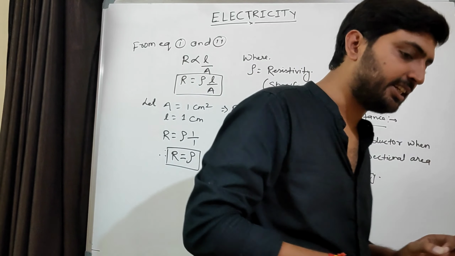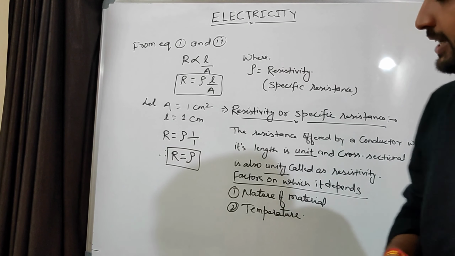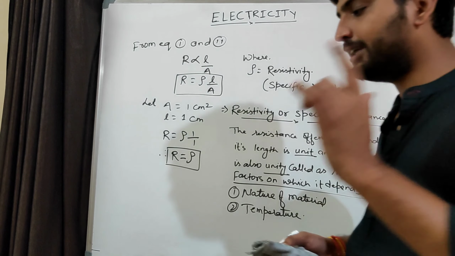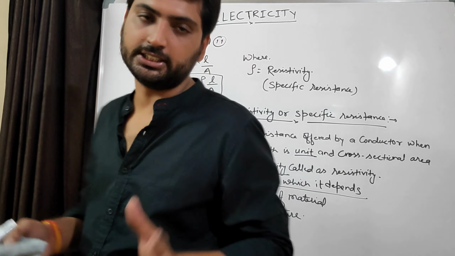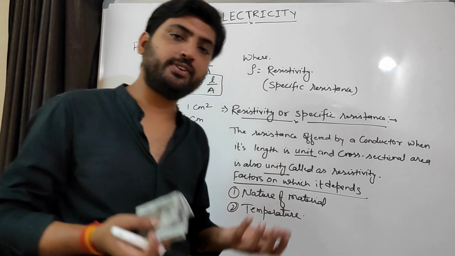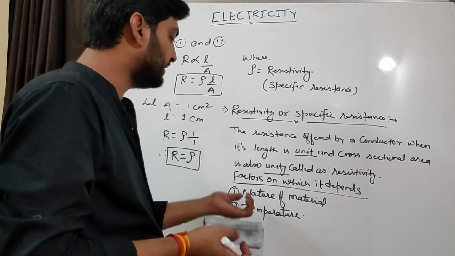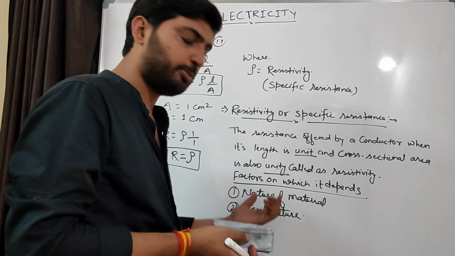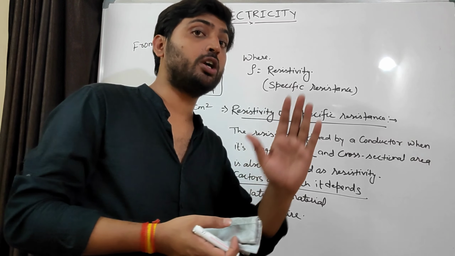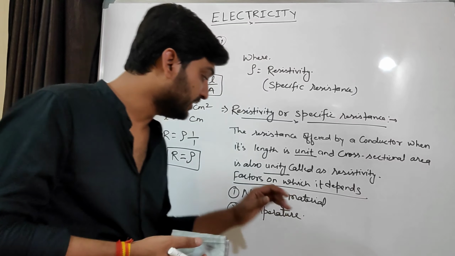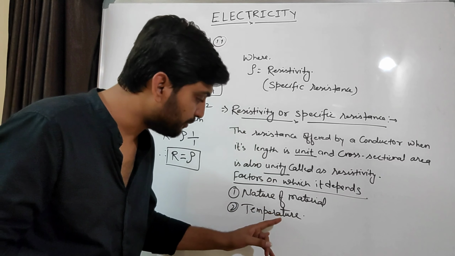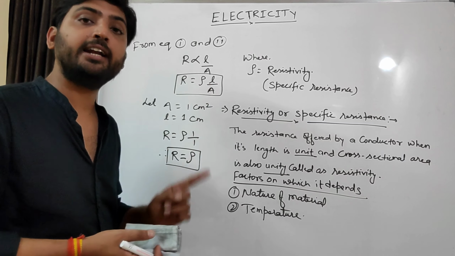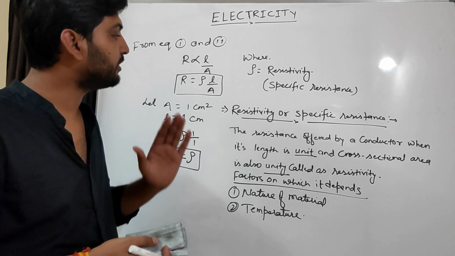It is a special resistance offered by a conductor when the length of the conductor is 1 or unit and its cross sectional area is unity. And on what factors does resistivity depend? Nature of material and temperature. And on what factors does resistance depend? Then we will write nature of material, temperature, length of the conductor and area of cross section. We have to write all 4.